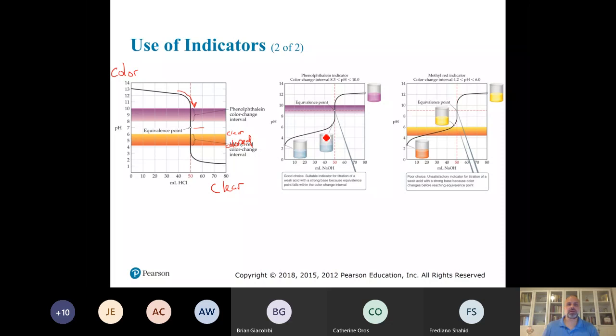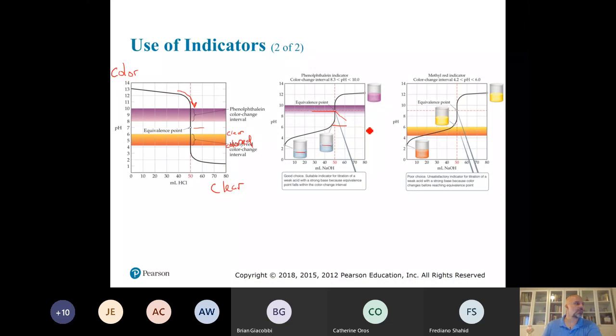Now, if we're starting with a weak acid and we're titrating it with a strong base, as is shown here, you can see that phenolphthalein is going to work, right? Because we're starting off with that weak acid where the solution starts off clear, and it's clear just before the turn, heading up towards the equivalence point, and then right around the equivalence point, it starts to change color.